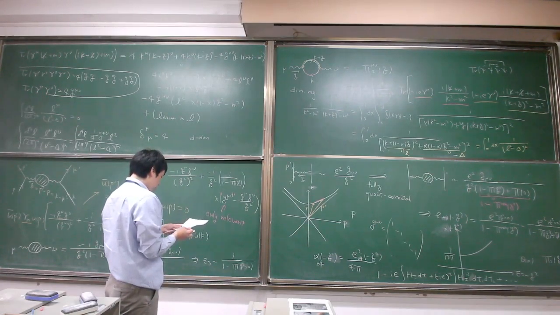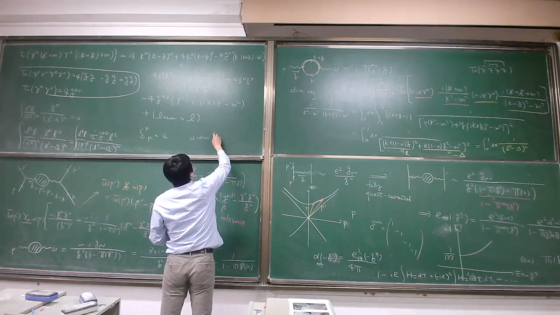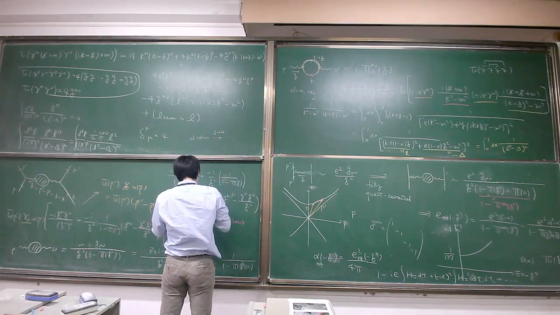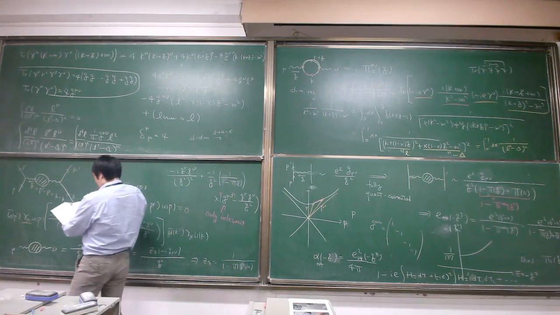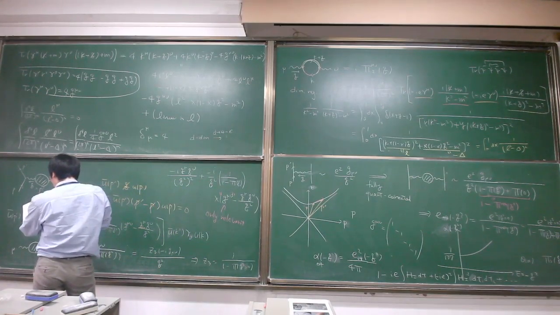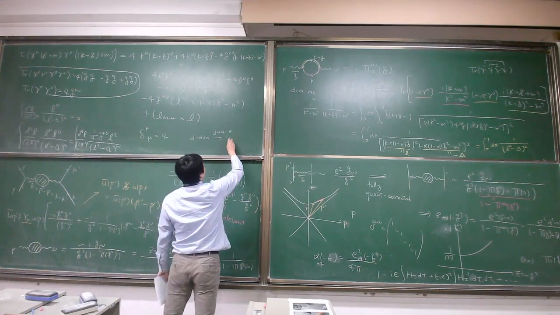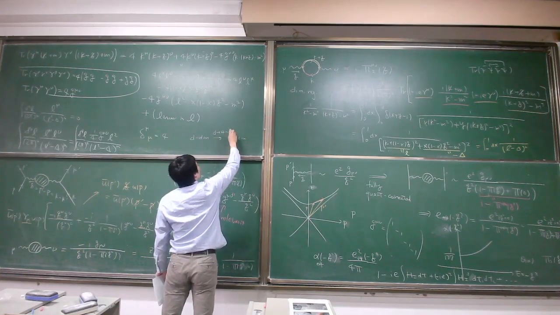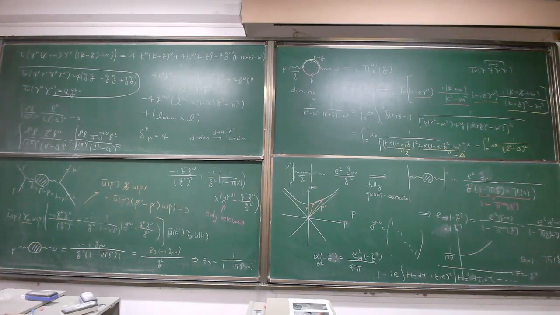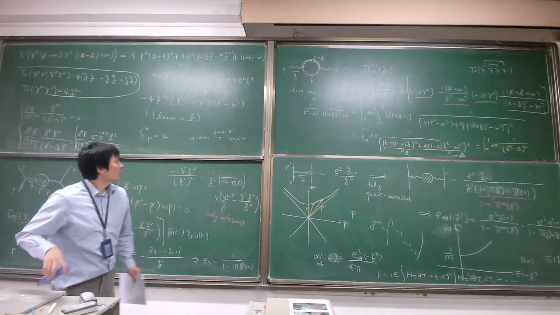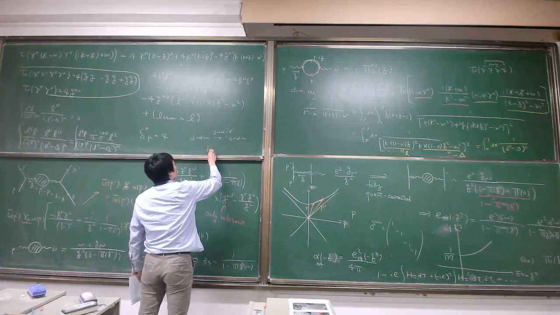At the end of the day, we would take D and bring it to 4, with D equals 4 minus epsilon. So the integral will somehow give you information about the infinity of this integral. That's the idea of dimensional regularization.